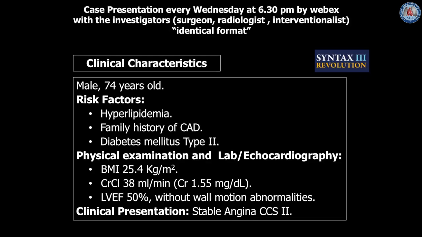Now, every Wednesday at 6:30, we had the same identical format of presentation to the surgeon, the interventional cardiologist, and the surgeon. And you see an example here of the clinical characteristics with the creatinine clearance, the ejection fraction, and the risk factors.